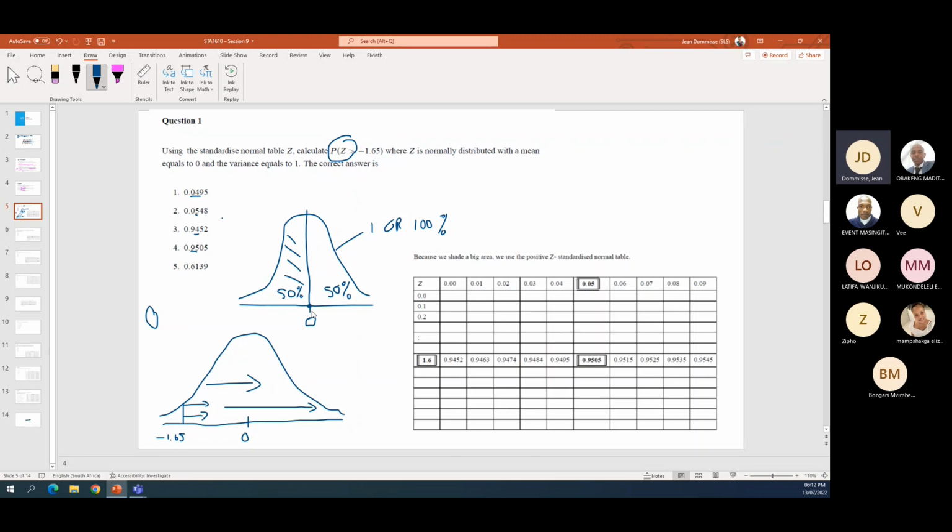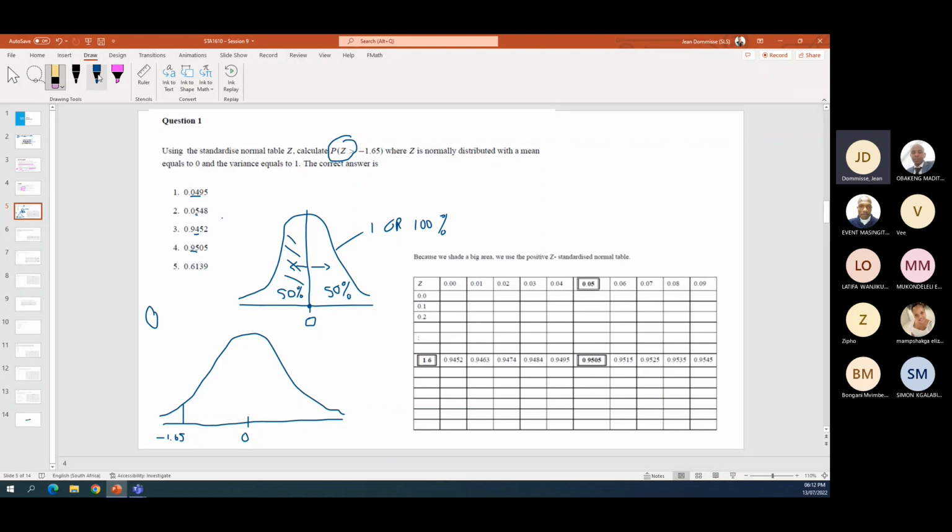Symmetrical means what happens on the one side happens on the other side. So the mean nearly splits the normal distribution into two. Because it's 100% underneath the graph, it needs to be 50 on the one side and 50 on the other side.